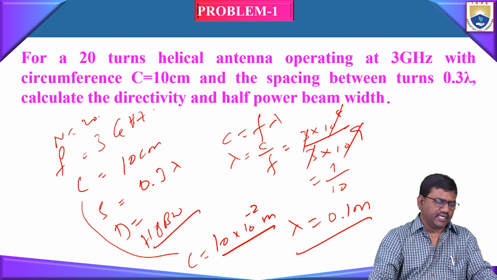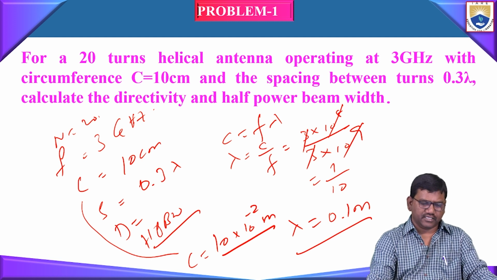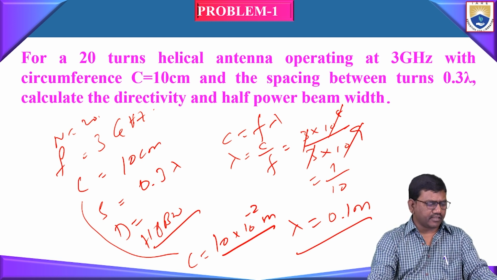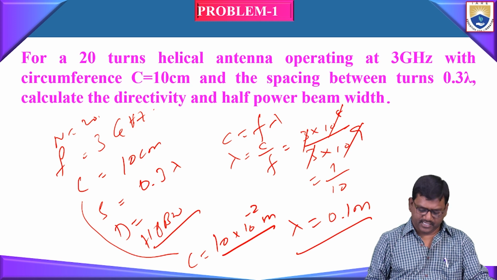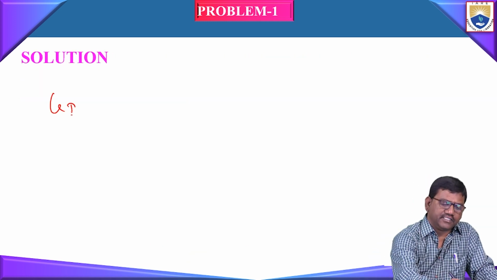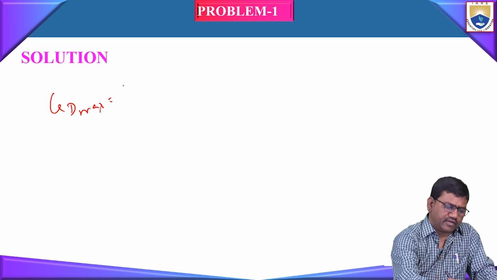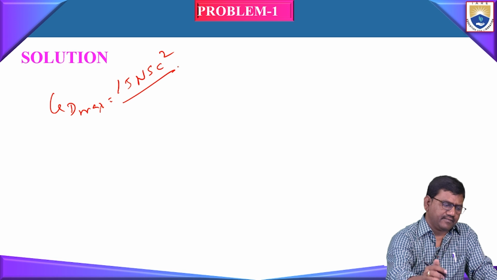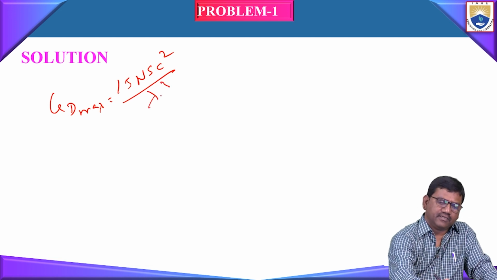Now, based upon the data available, we need to calculate the directivity and half power beam width. For directivity, G_D max, we have the formula 15 N S C squared divided by lambda cubed.